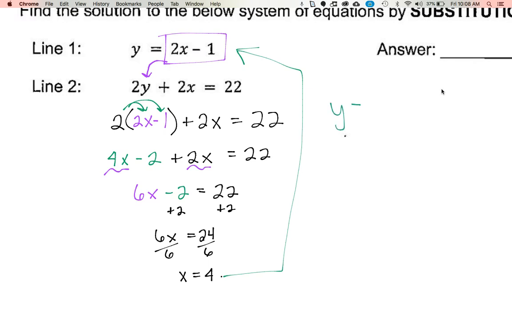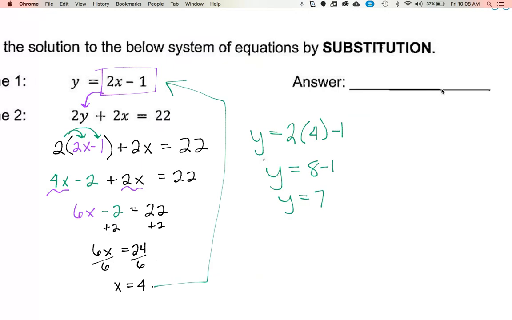So y equals 2 times 4 minus 1. Y equals 7. So if x is 4, y is 7. Remember, that's the point of intersection. So if I was to graph both of those lines, it would have one solution at that point. That's where it would intersect.